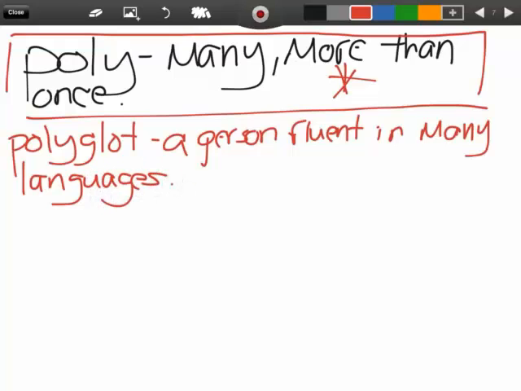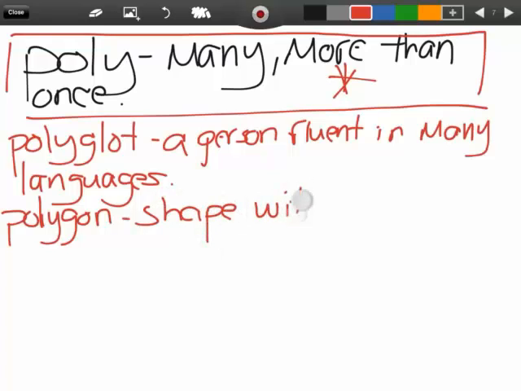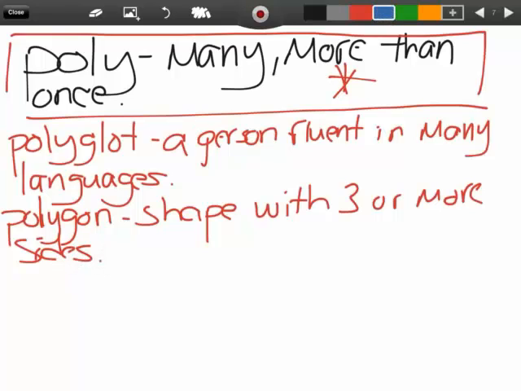Also, I'm going to give you another word, and that is polygon. And the definition is shape, sorry about that, shape with 3 or more sides. I'm going to go ahead and use polygon in a sentence.